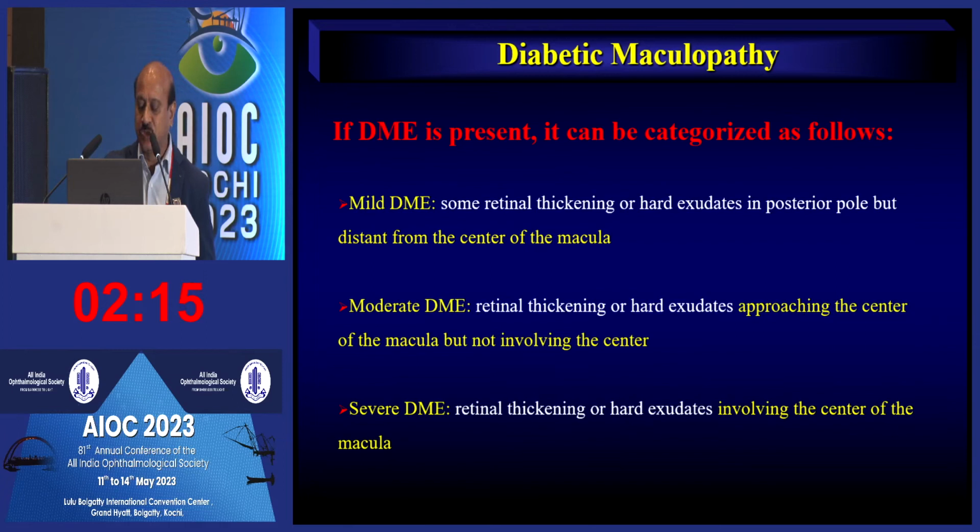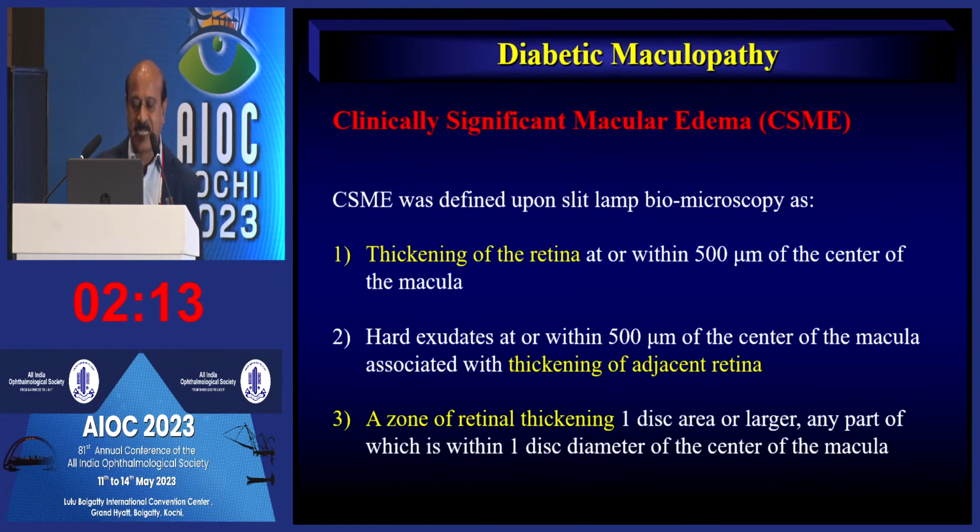So you should be well versed with that examination. ETDRS clearly defined clinically significant macular edema, which means that this patient has risk of losing vision if you leave these patients untreated.